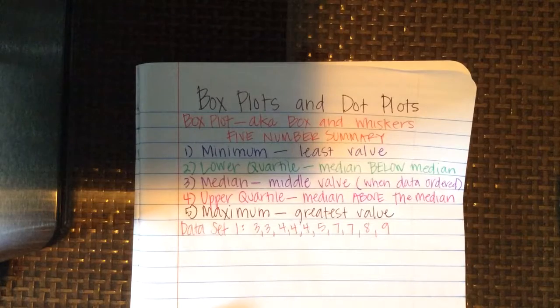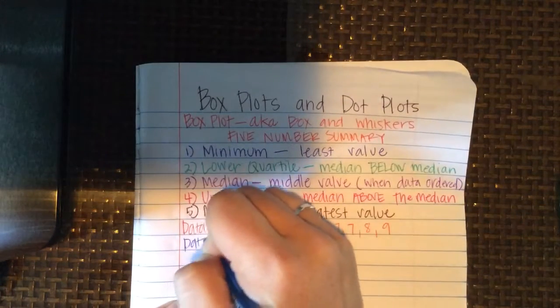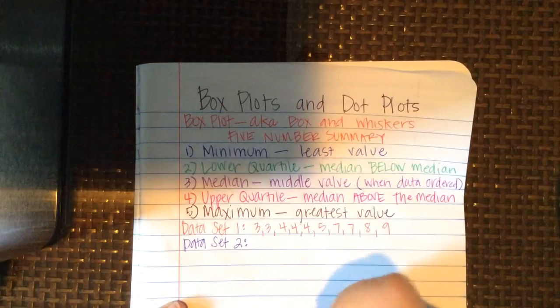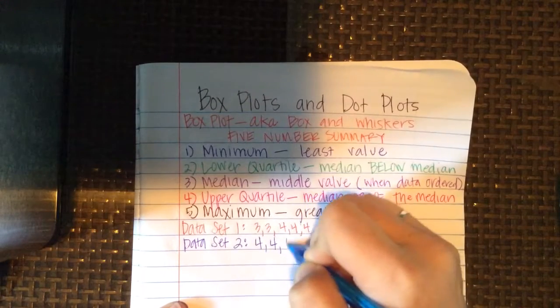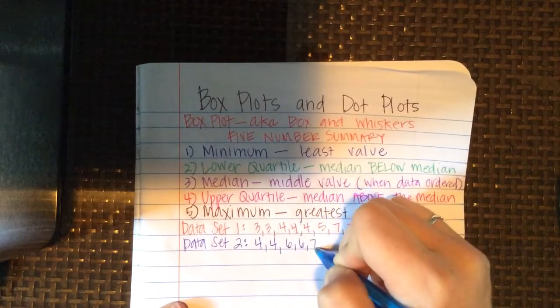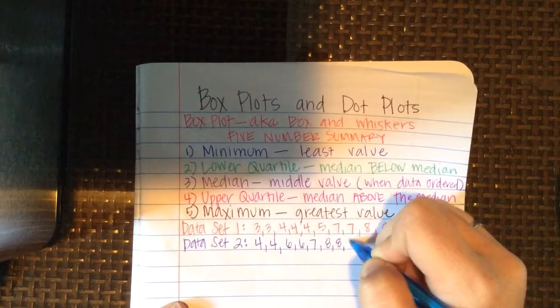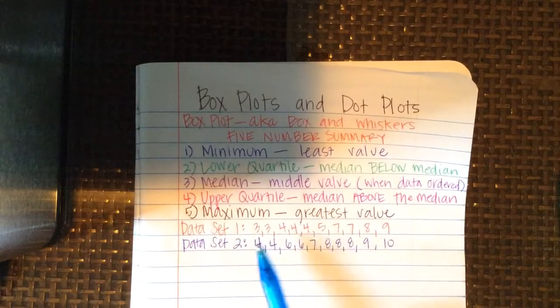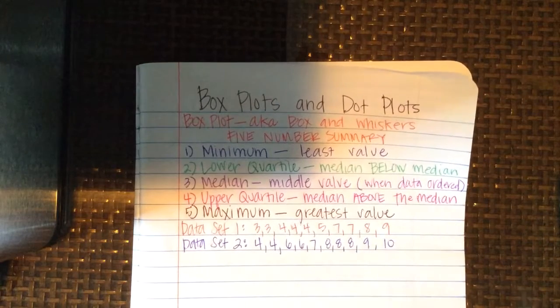And then let's do data set number 2, and let's make that in order also, just to make our lives a little bit easier. Let's do 4, 4, 6, 6, 7, 8, 8, 8, 9, 10.